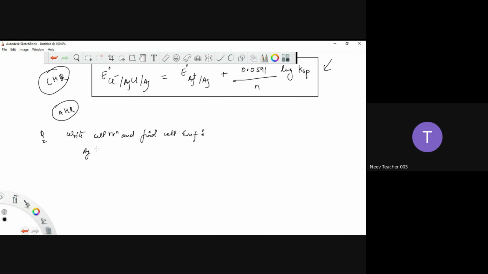You have Ag, AgCl, KCl, AgNO3, Ag. If I say Ksp of AgCl is 10 to the power minus 10, and E naught of Ag plus to Ag is 0.8 volt.